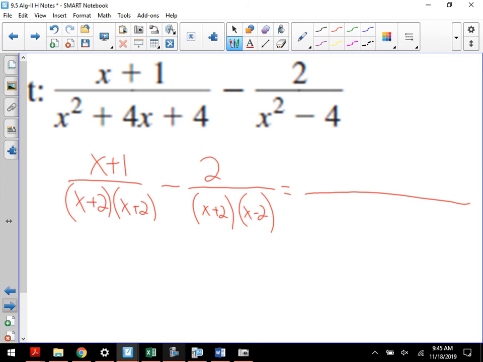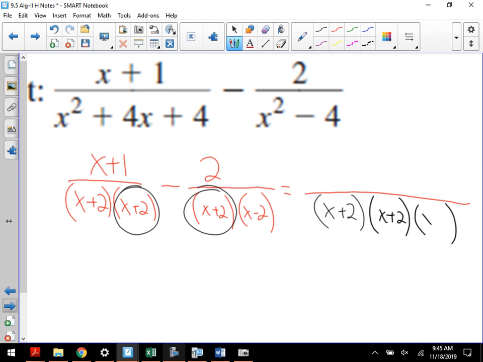So, in the denominators, what do they have in common? Okay, they have an x plus 2 in common. They have one thing in common. You write it down. What's left? X plus 2 minus. Okay?